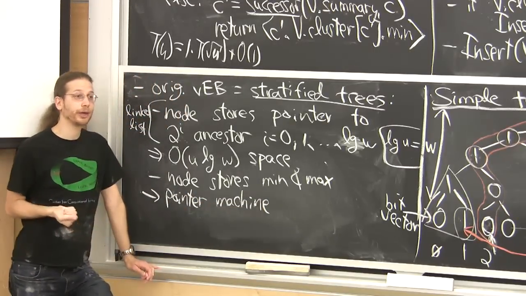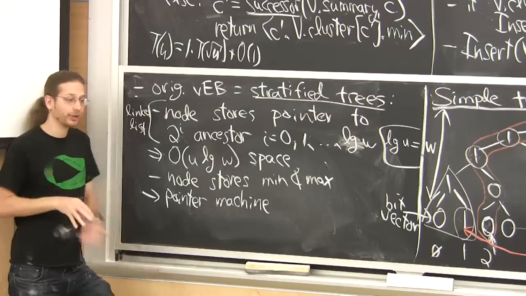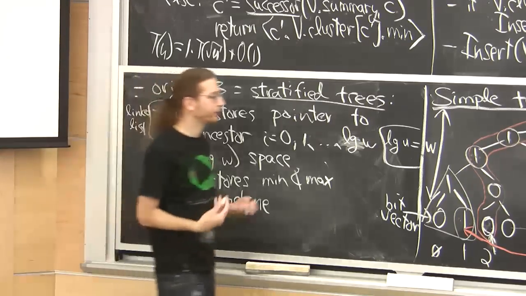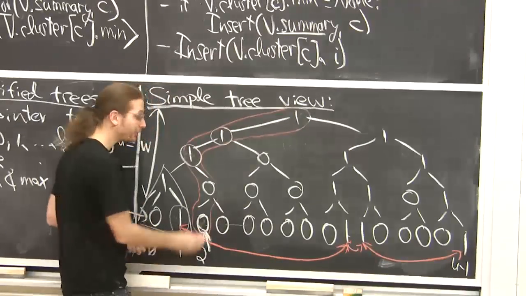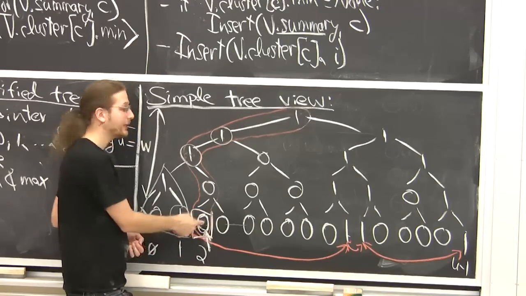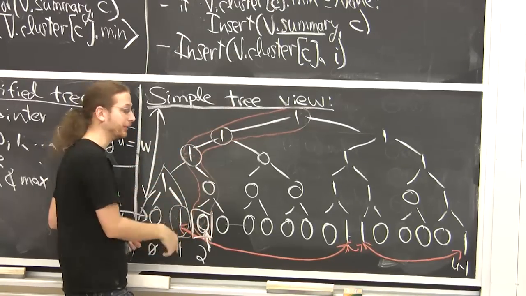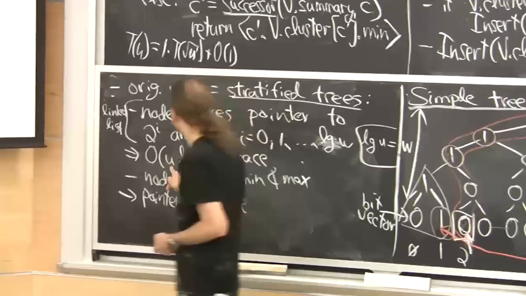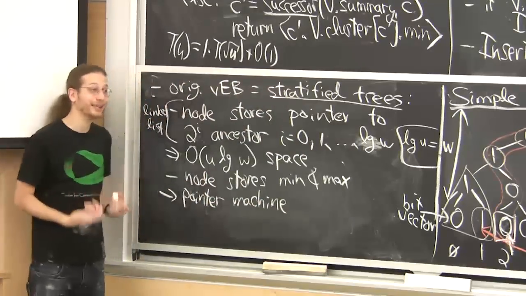It's a little weird because if you use a comparison pointer machine where all you can do is compare items, there's a lower bound of log n because you only have constant branching factor. But here the formulation of the problem is that when I say give me the successor of this, I actually give you a pointer to this item. And then from there you can do all this jumping around and find your predecessor or successor. So in this world you need at least u space even to be able to specify the input.